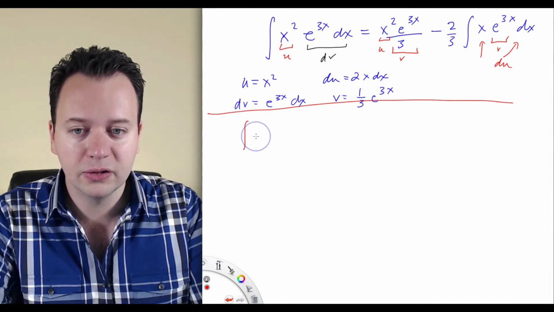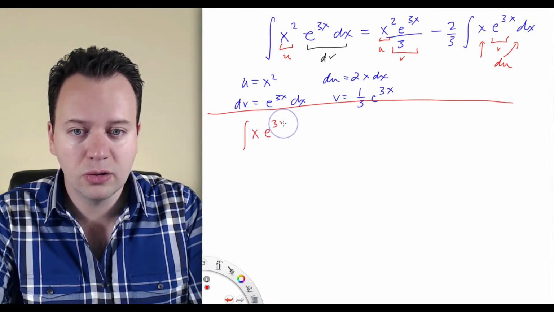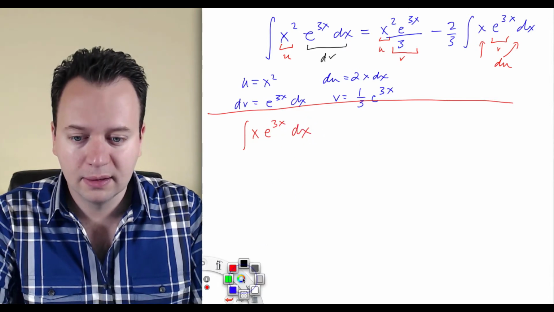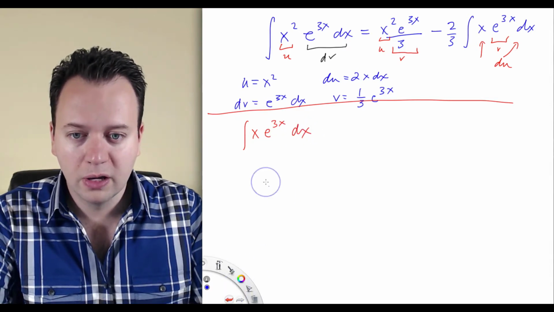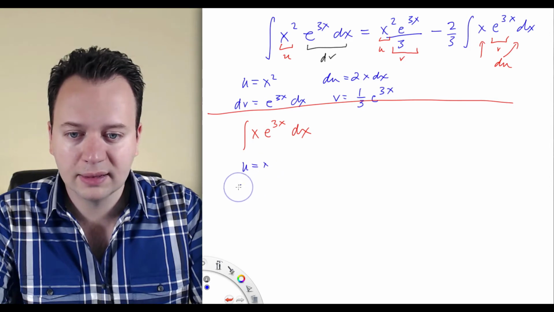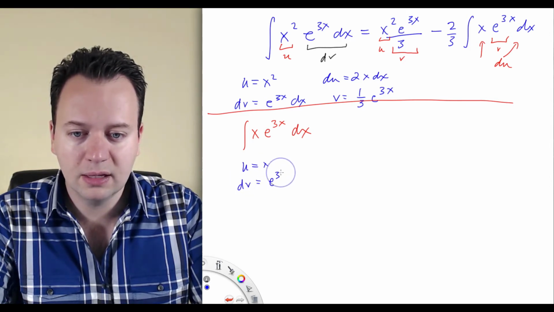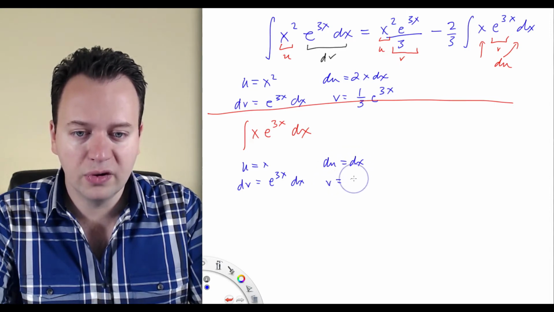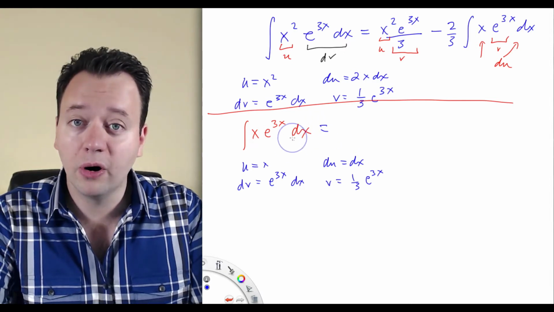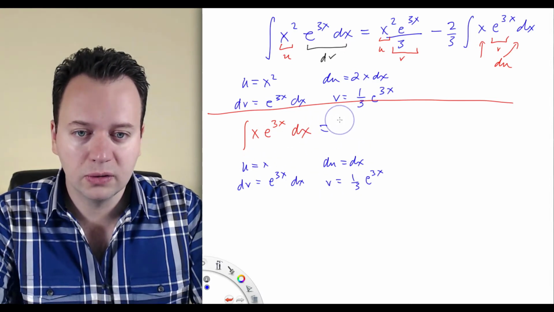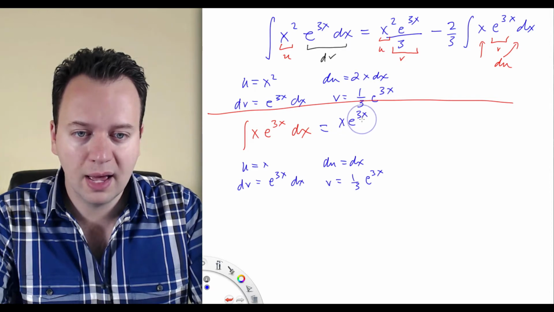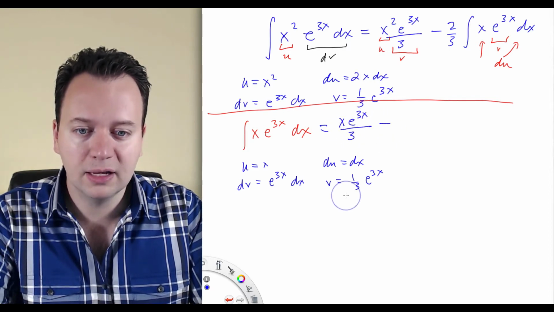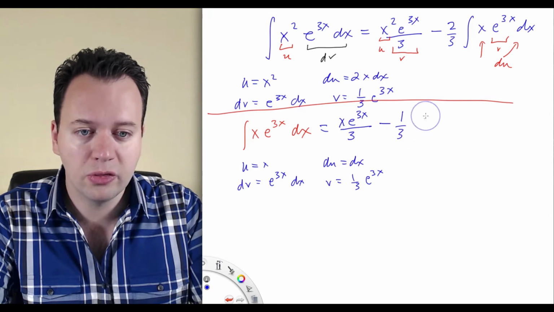integration by parts again. So the integral of x e to the 3x dx. So we'll do integration by parts. Here our u is equal to x, the dv again is e to the 3x dx, our du is just dx, and our v is 1/3 e to the 3x. When we do integration by parts here, we get uv, so that's x e to the 3x over 3, and then minus the integral of v du, so that's minus 1/3 integral of e to the 3x dx.